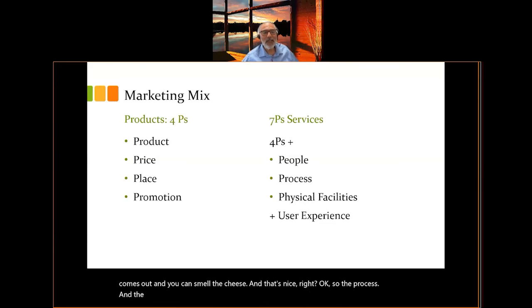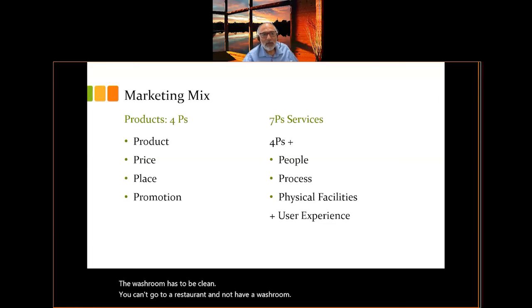The physical facilities include core facilities, like the kitchen. That's important. But also ancillary facilities. For example, the washroom. The washroom has to be clean. You can't go to a restaurant and not have a washroom. What about parking? It's part of the facilities. What about the cashier setup or the drive-through? It's a facility.